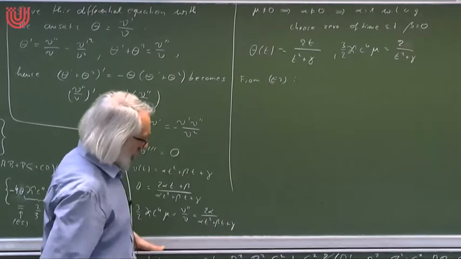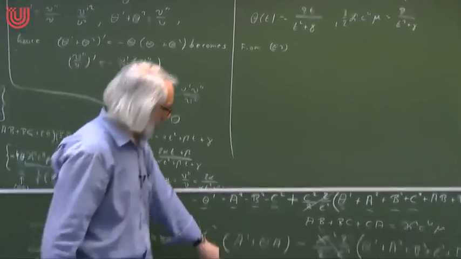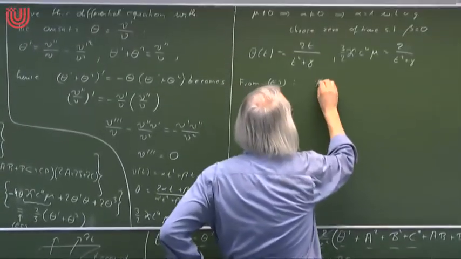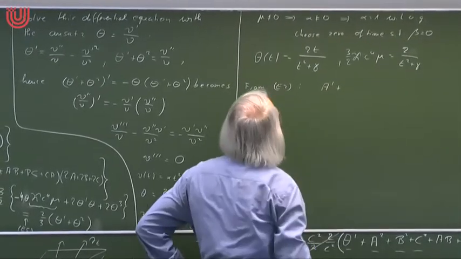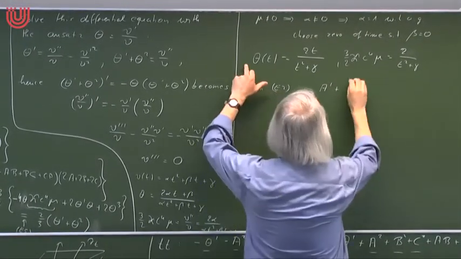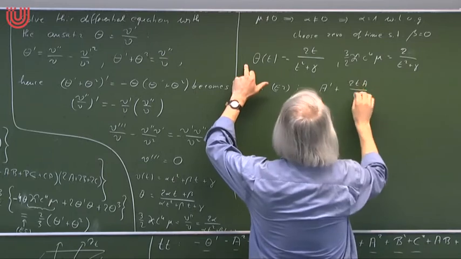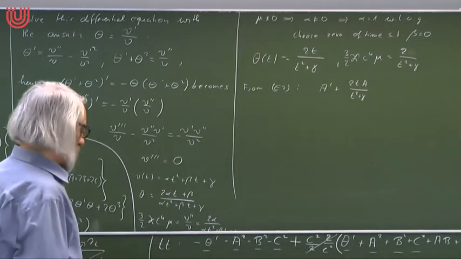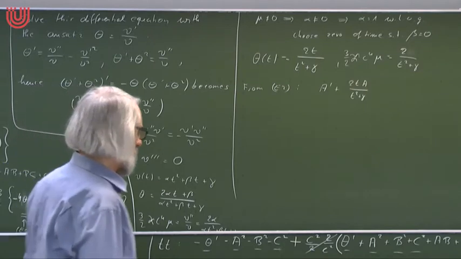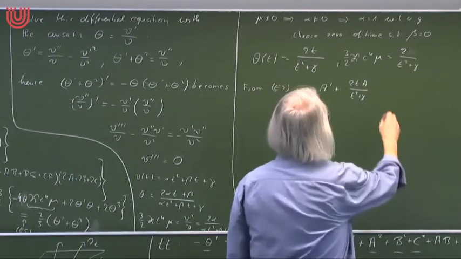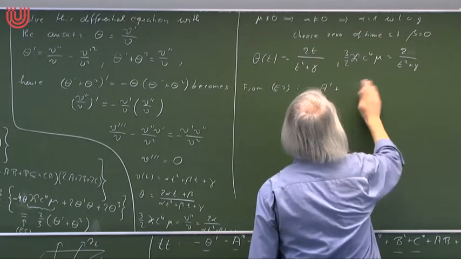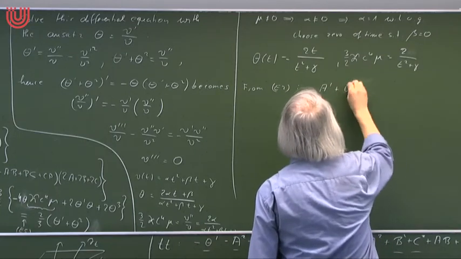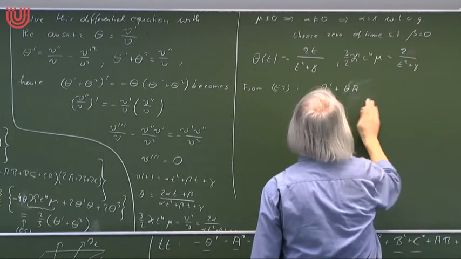That's the differential equation for A. It's written here. So it's A prime plus theta A. Theta is this here, 2t over t squared plus gamma. And then I write this again in the following form, as it is written here. Theta A, let me do it a little bit more slowly.